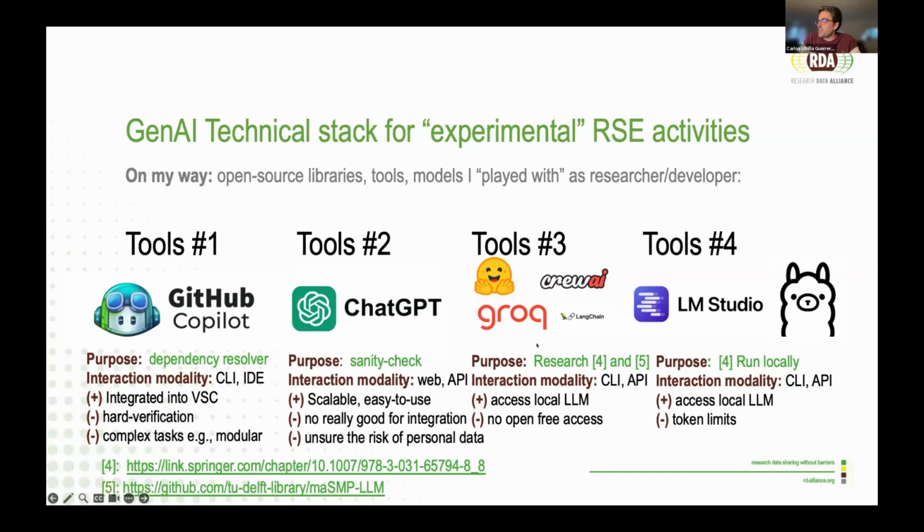The third one is more into the research that I am actually doing, in terms of using some open AI tools or agent models, such as Grok or QAI, or also LangChain.